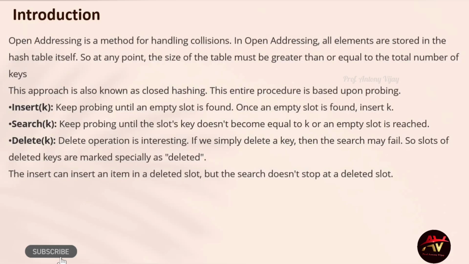In this approach, we have three different operations: insert, search, and delete. In the insert operation, it keeps on probing until an empty slot is found. Once the empty slot is found, we insert the key value.